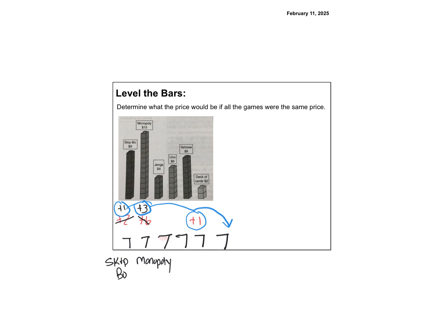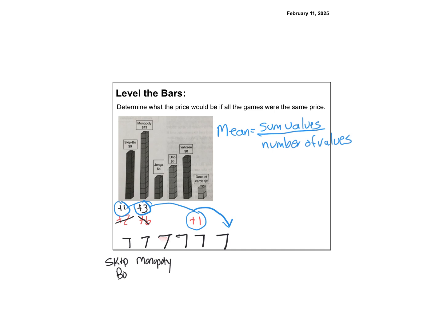So if we were to do this mathematically, we would say the mean equals sum of values divided by the number of values.